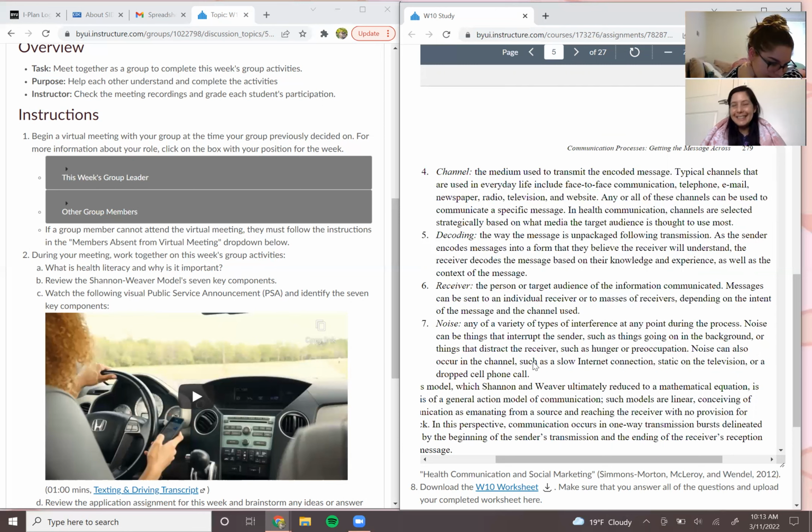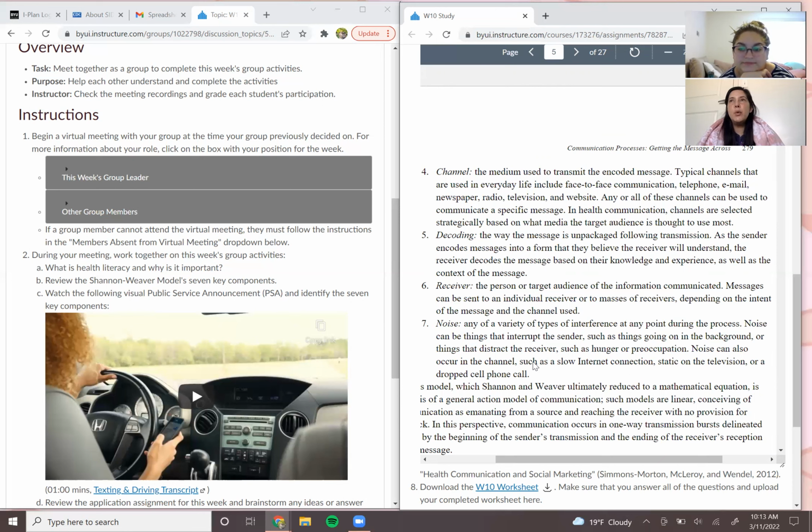So channel would be the brochure and the PSA and how it's handled, and then decoding is how the receiver takes the message. Like we talked about the R&B blues bands, they would take a message that was meant for them differently than a message that was meant for teenagers.